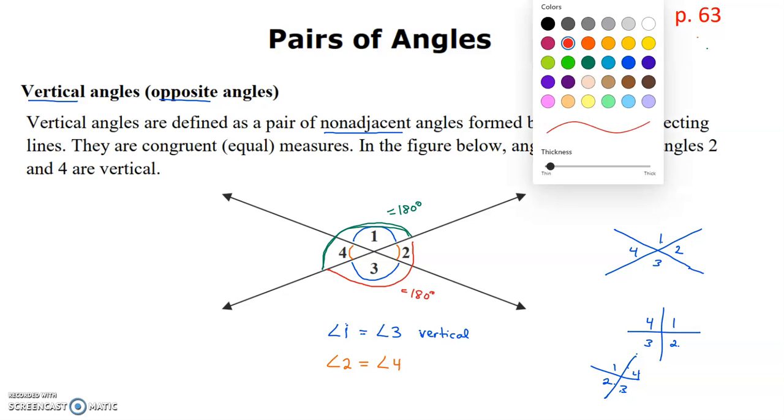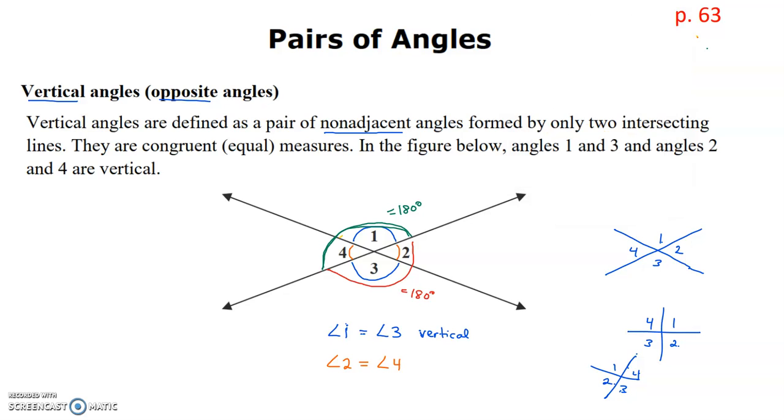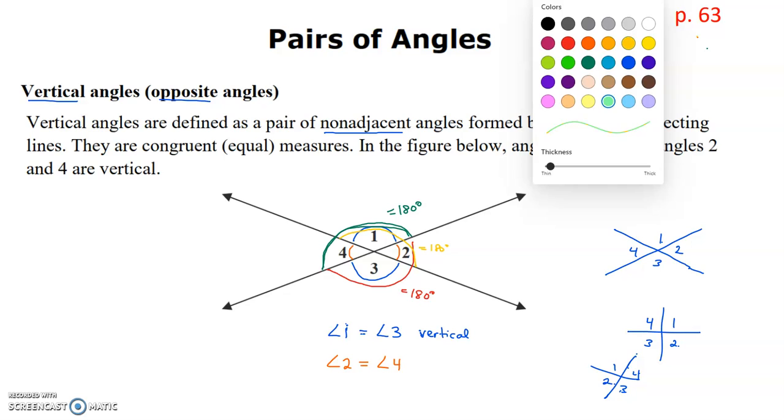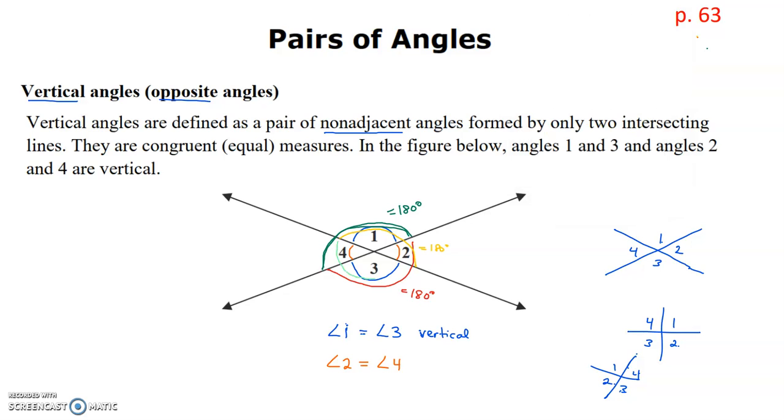And also, if you look at it, angle 1 and 2, they form on a line. So they are equal to 180 degrees. And lastly, angles 4 and 3. So any two angles that are touching are going to also make 180 degrees. And the whole circle, all four of those angles put together, equal 360 degrees.